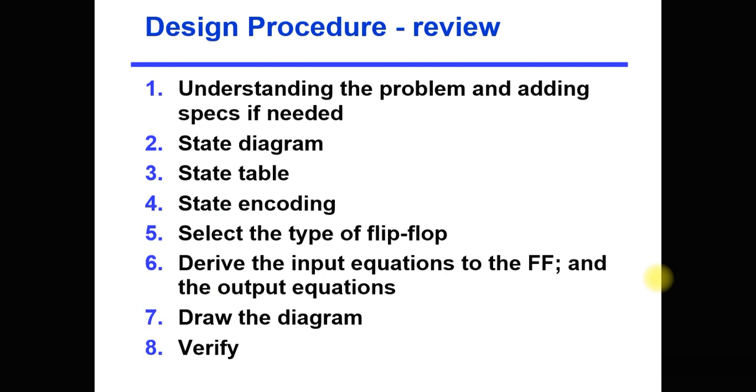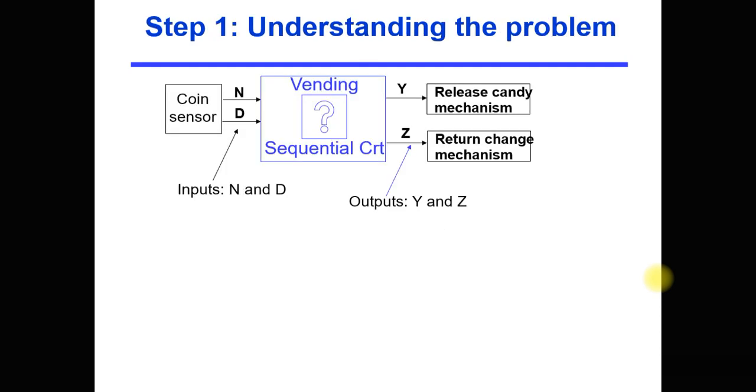So first of all, these are the steps that we will implement: understanding the problem, state diagram, state table and state encoding. And there are some limitations, or we can say some standards, that we will use and verify in our vending machine.